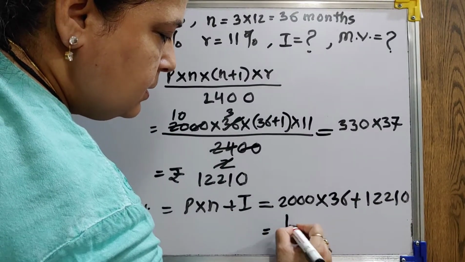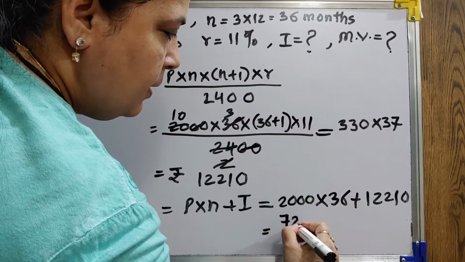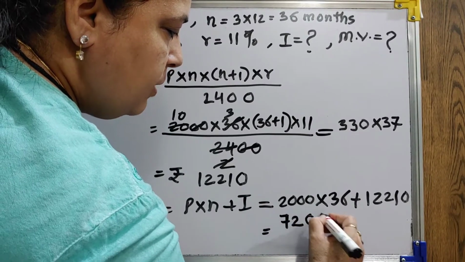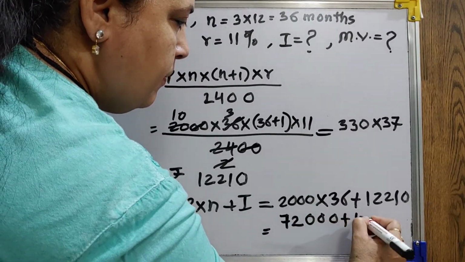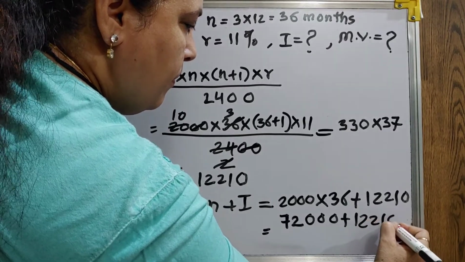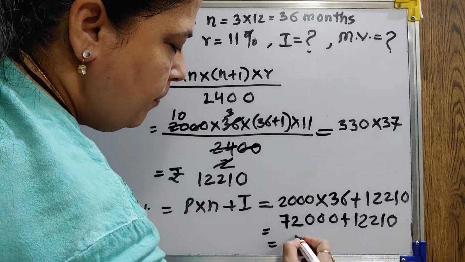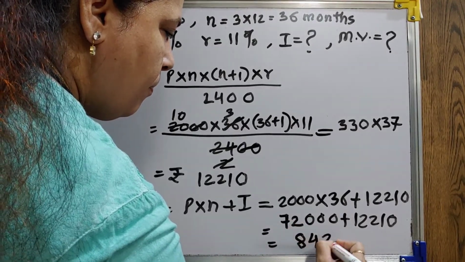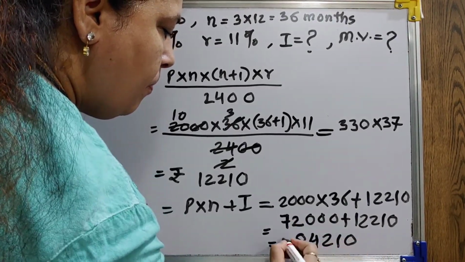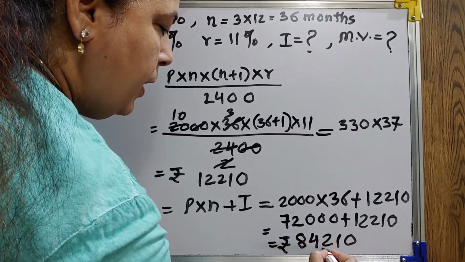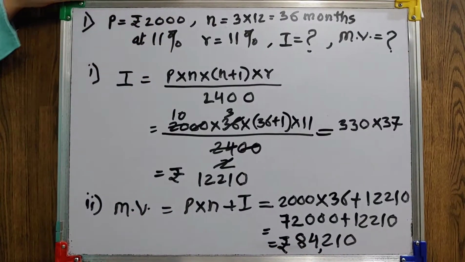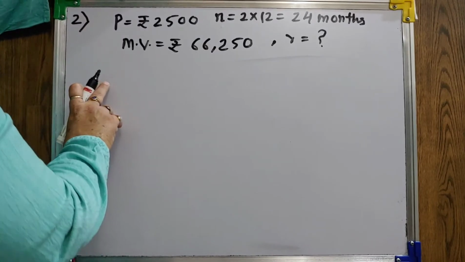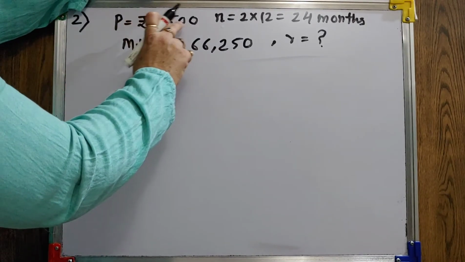Now this is 36 twos are 72,000. So the maturity value is 84,210.